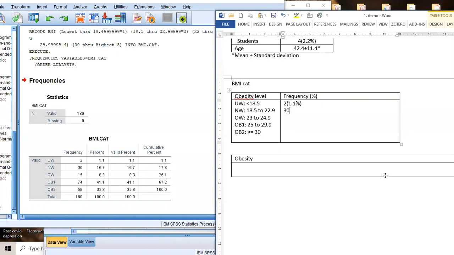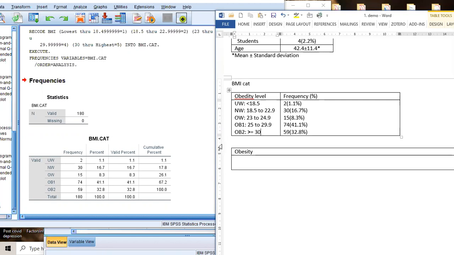Then 30, which is 16.7%. Then 15, which is 8.3%. Then 74 and 41.1%. Then 59, which is 32.8%. All right, that's how your table is going to look.